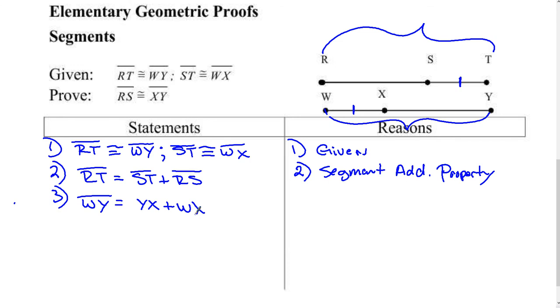We have XY from here to here, right? And we have WX, right? Okay, same thing.